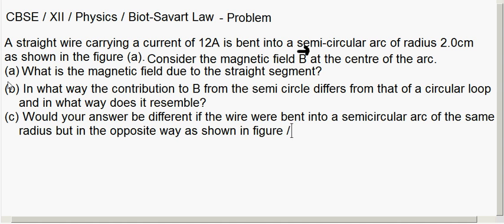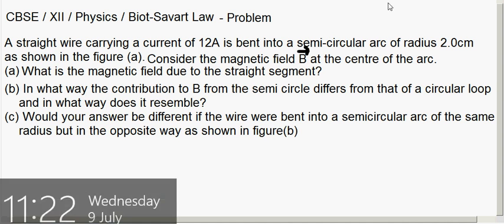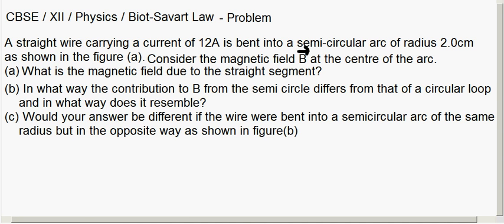Now first let me give you the figures A and B, and then we will proceed. First you take down the figures A and B. And then you have a semicircular arc. Here the current direction is clockwise.